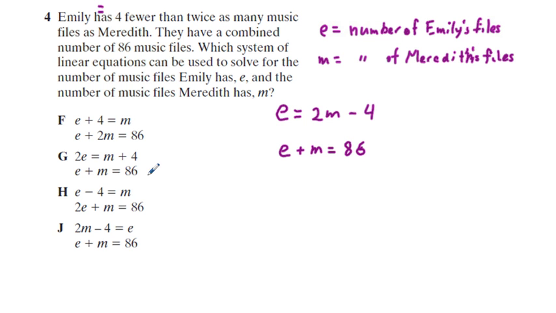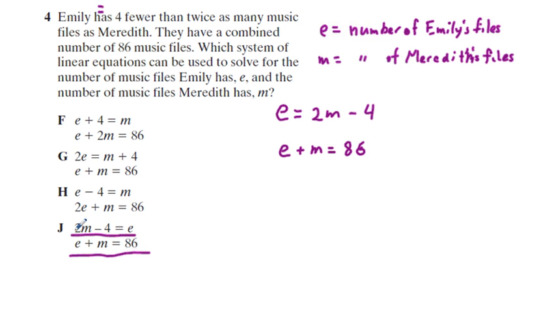But here, sometimes they write these a little differently. 2m minus 4, I see that down here. That could be right. In fact, I think J is right. You have E plus M equals 86. And sometimes they put these numbers around.